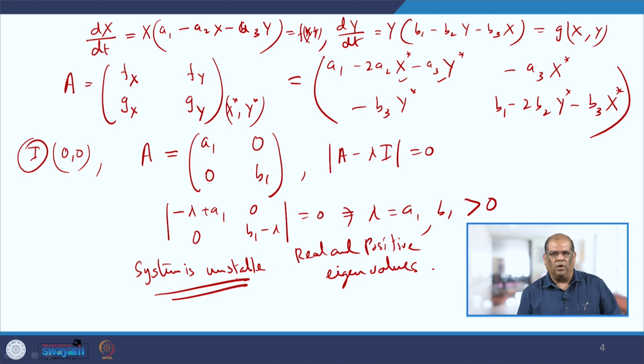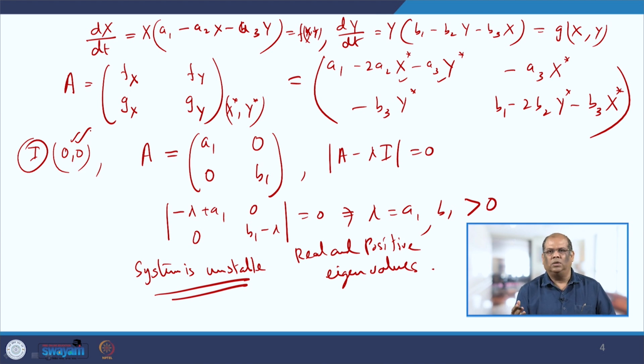This is somewhat justified because 0, 0 means that both the species become 0, which means they go extinct. So, it is not good for nature that two particular species, whether it is a plant species or an animal species, compete against one another and then both of them die out.